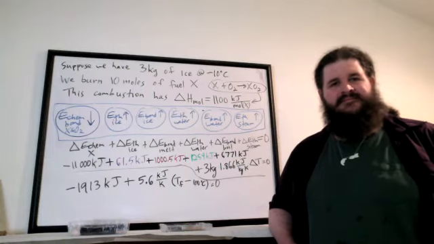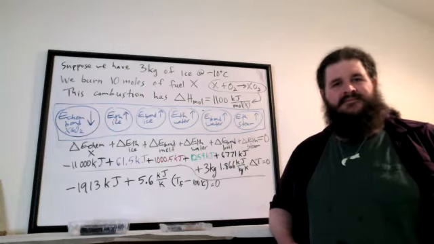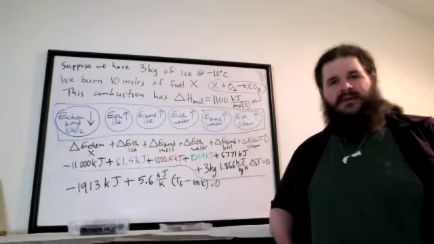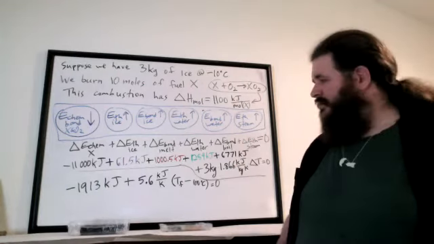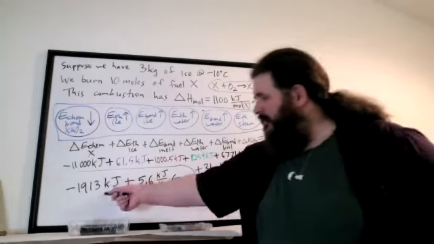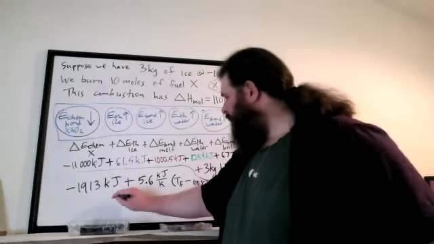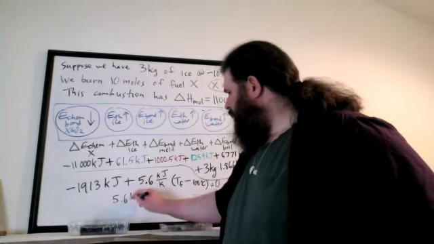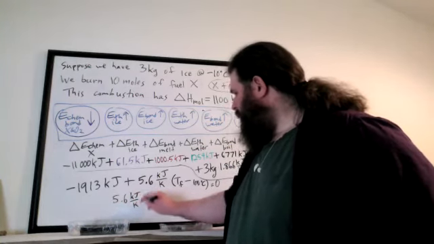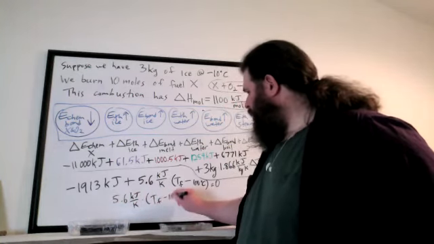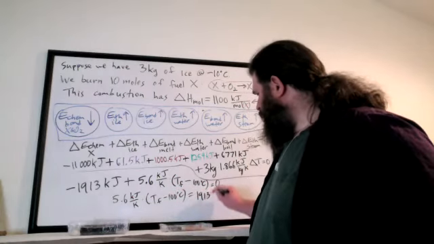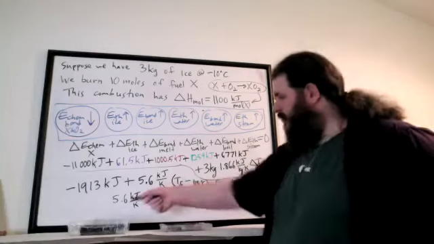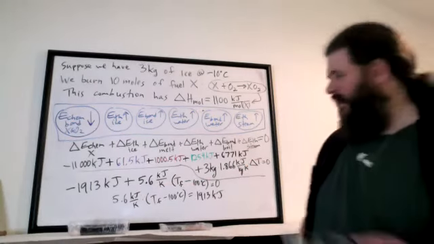Well, I guess you could put 1,913 onto the right and then divide that by 5.6. Yeah, I think that would be a more efficient way to solve it. If we start by adding 1,913 to both sides, and then divide both sides by 5.6 kilojoules per Kelvin.